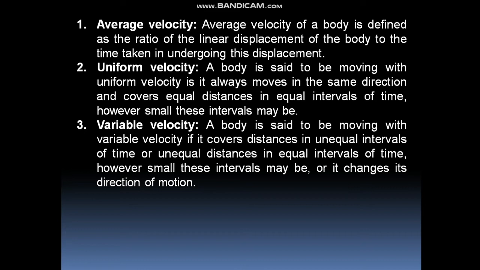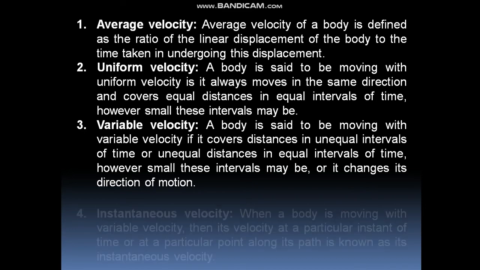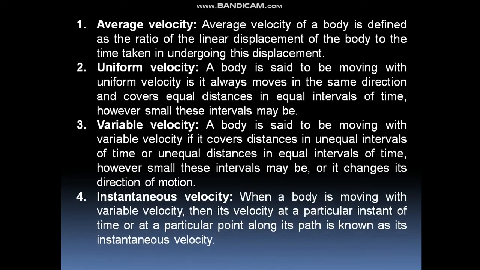Or it may be that the body is moving in a straight line, but it is not covering equal distances in equal intervals of time. Then also it is traveling with variable velocity. And lastly, we have instantaneous velocity, which obviously will be the velocity at a particular instant or at a particular time.